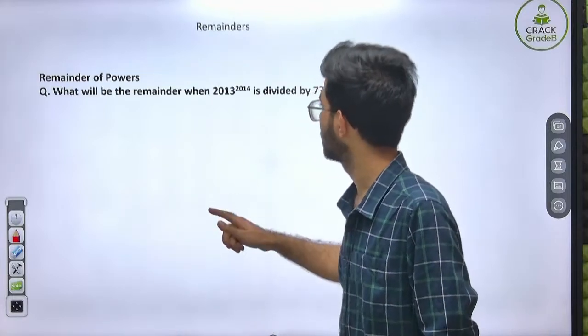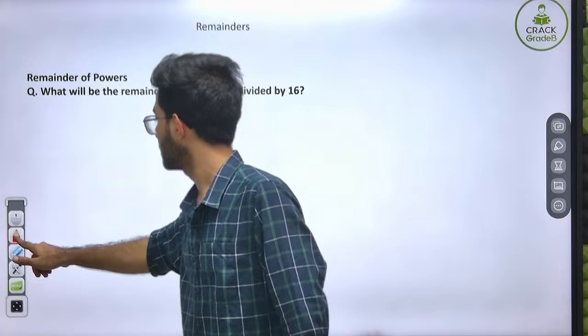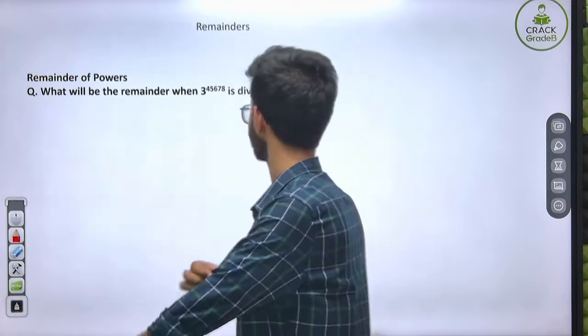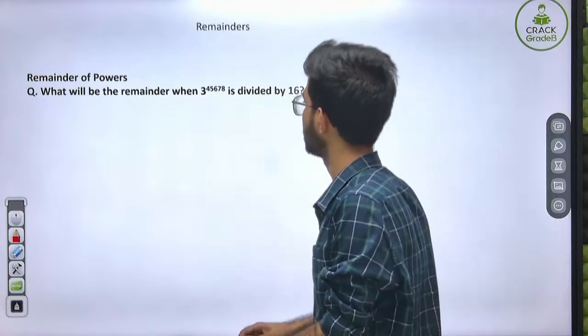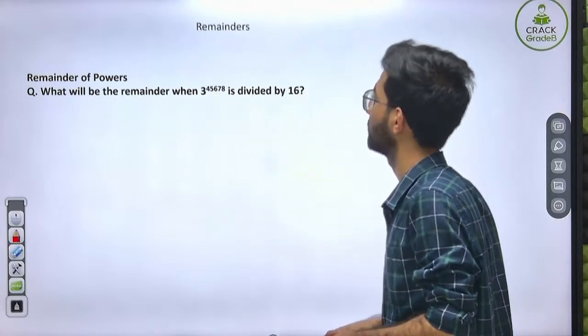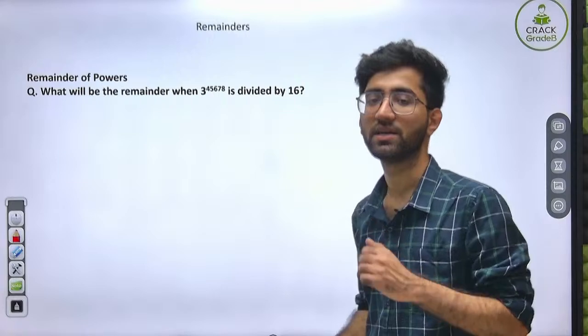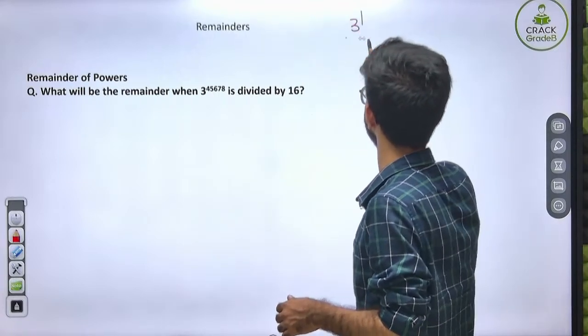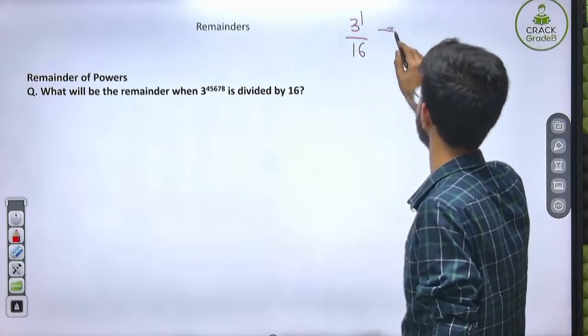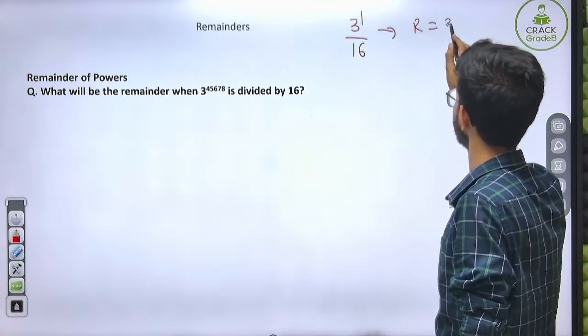Let us solve one more question related to remainder of powers. Now the question is, what will be the remainder when 3 to the power 45678 is divided by 16? Again, we will start solving in this way. 3 to the power 1 by 16: if you divide 3 by 16, you will get remainder 3.